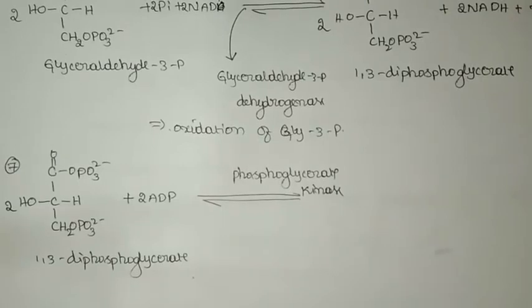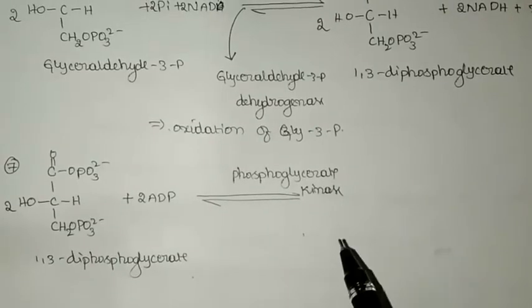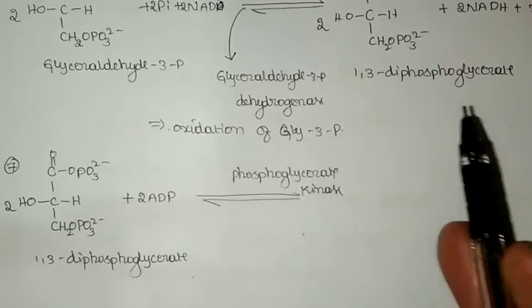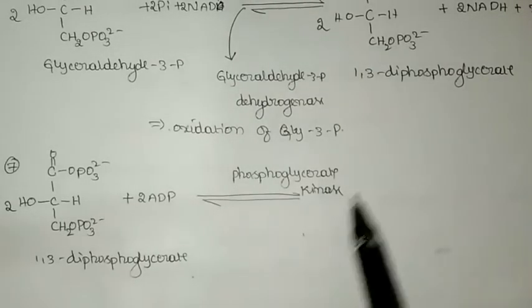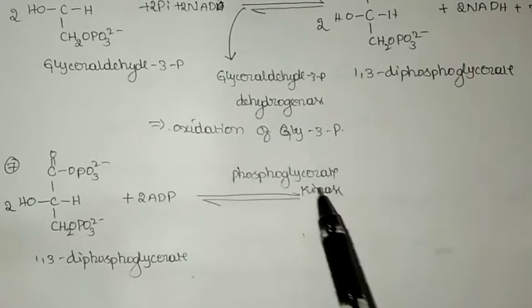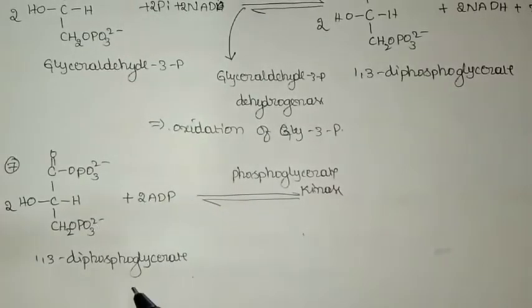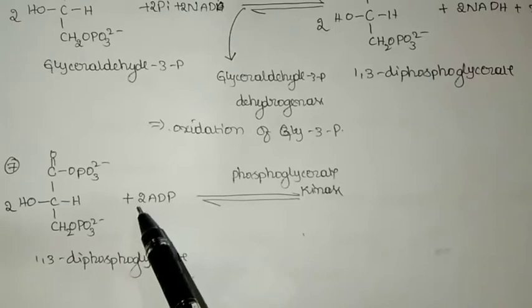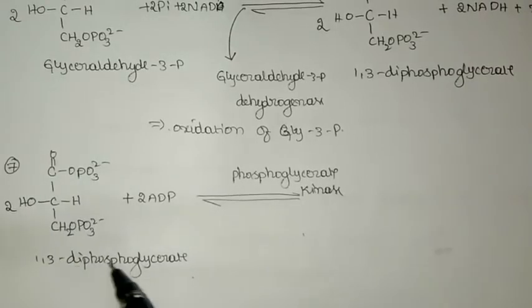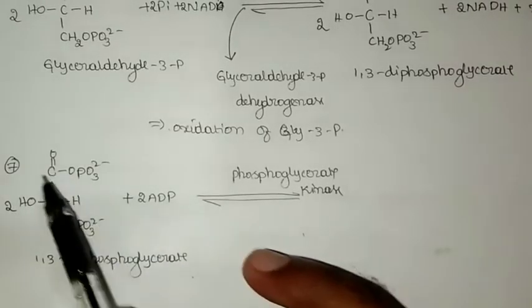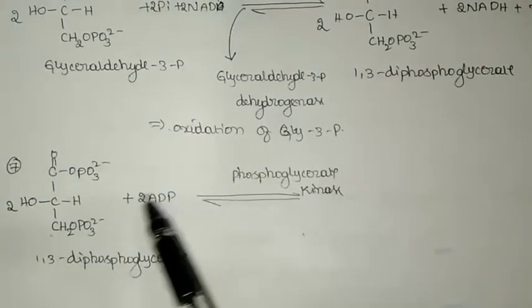So in the presence of the enzyme kinase, we have noticed phosphorylation, but this is a different kinase enzyme, a special case. There it causes removal of the phosphate unit from diphosphoglycerate from an ester. So we are having two 1,3 diphosphoglycerate molecules, which have phosphates at the first position and third position.